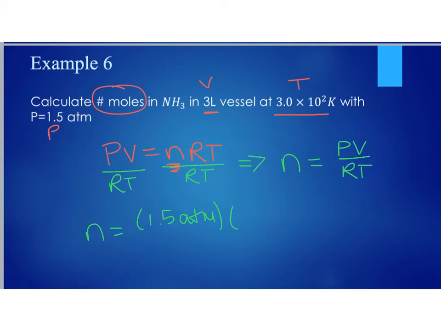My volume is going to be 3 liters. My R value, if you go back to that previous table that we looked at, we're going to actually use the one that uses atmosphere for the pressure, which is 0.0821, and that's liters times atmosphere divided by moles times Kelvin on the bottom.